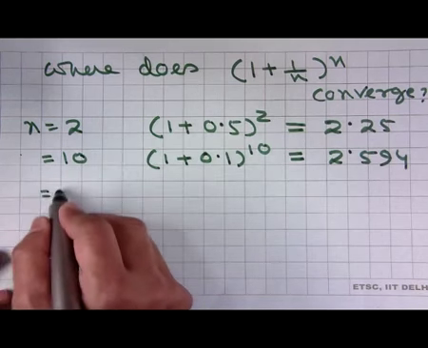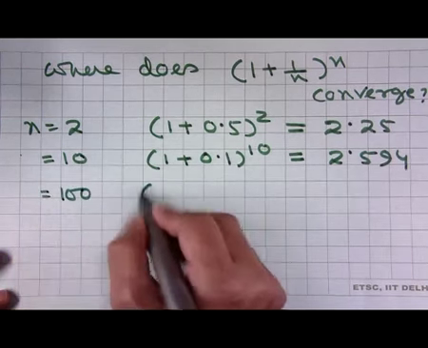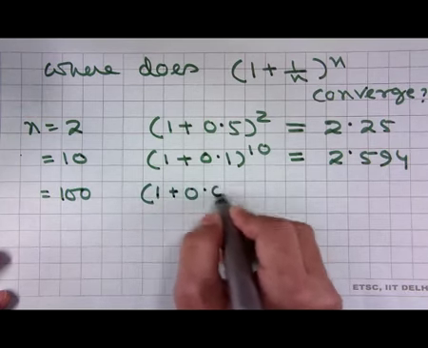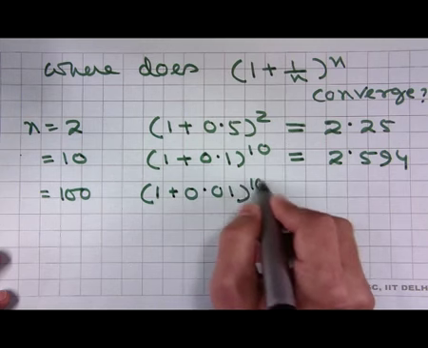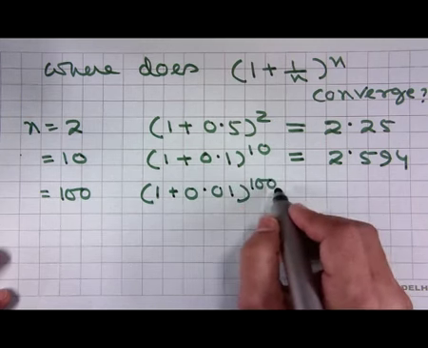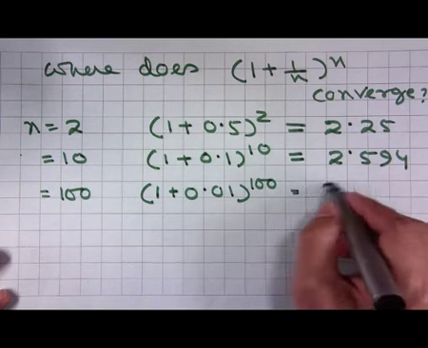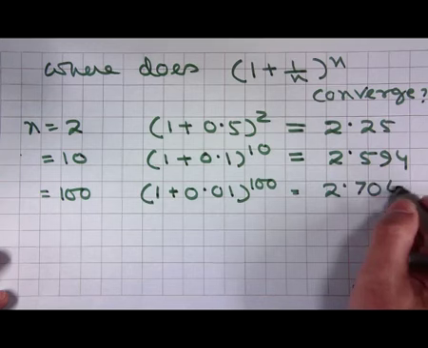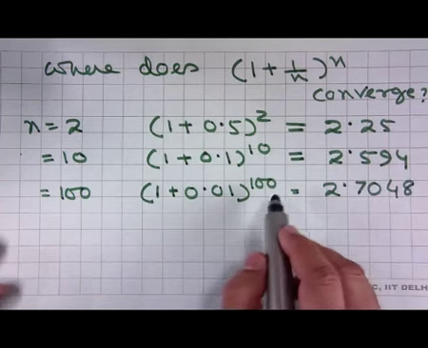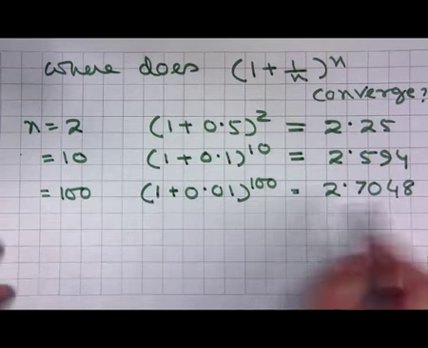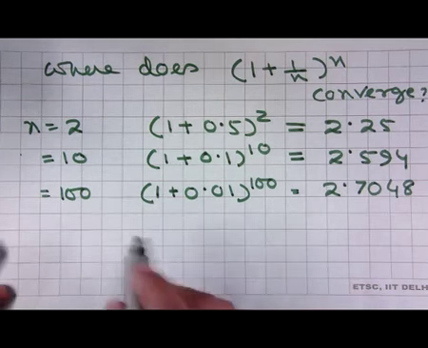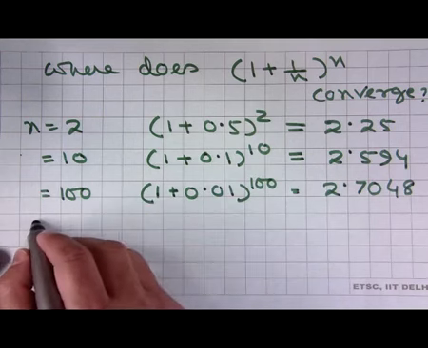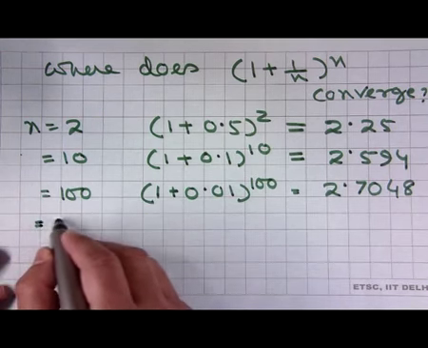At n is equal to 100, we get 1 plus 0.01 whole to the power 100, which is going to be 2.7048. If you have access to some scientific calculator, you can compute these and go up to the 4th decimal place. You will find that the values are coming out to be like this.